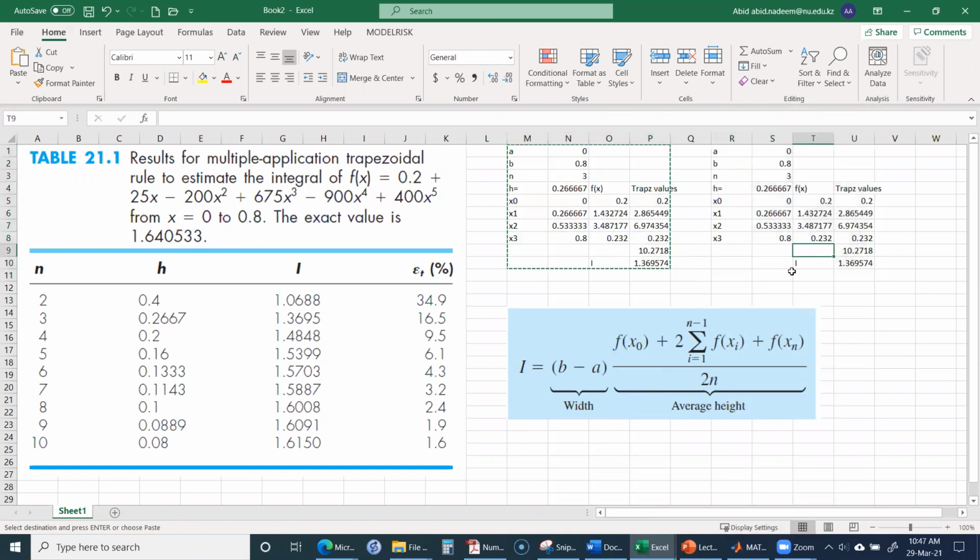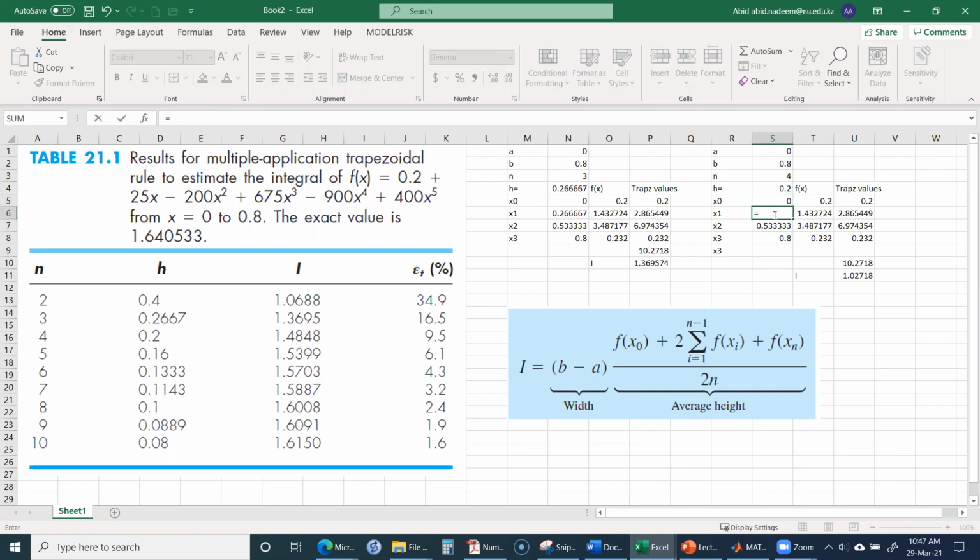Okay, so let's do it for this as well. Here I need one more value, x4, and the value for n is equal to 4. So h is this, and x4 will be equal to this value plus h.